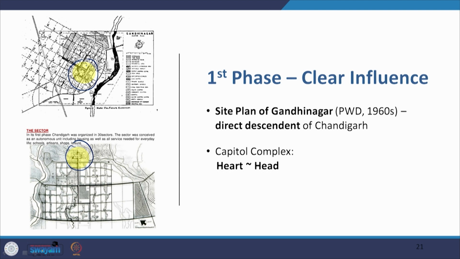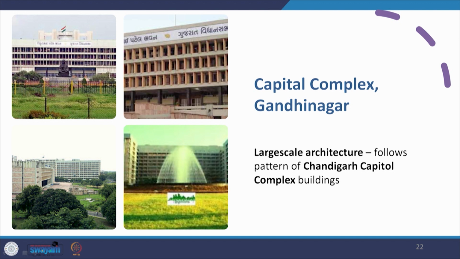The overall planning of Gandhinagar is sectoral planning, as is Chandigarh. Now, the capital complex of Gandhinagar has large scale architecture which follows the pattern of the Chandigarh capital complex, and these are the buildings of the capital complex of Gandhinagar.